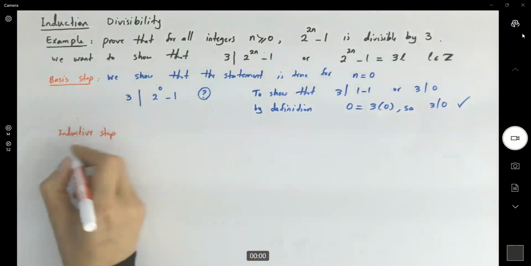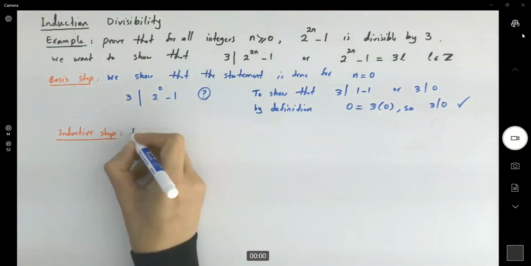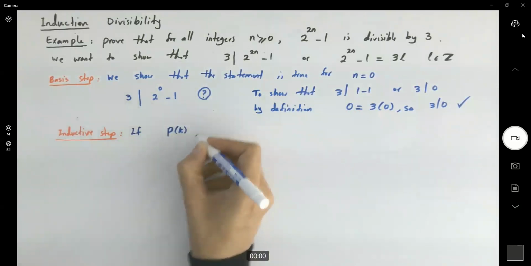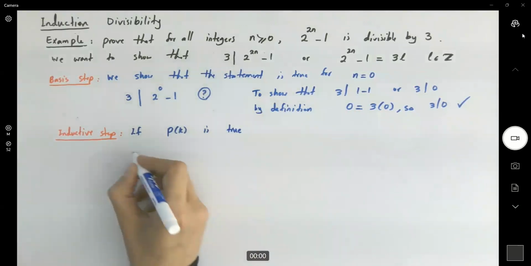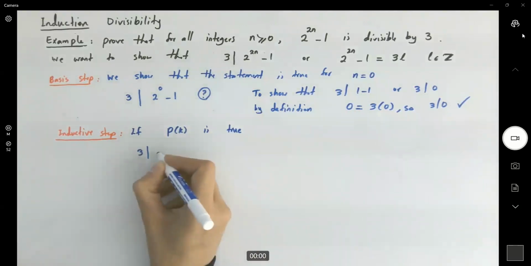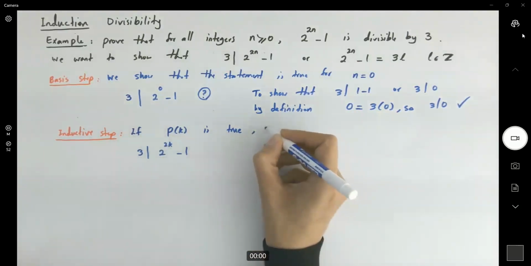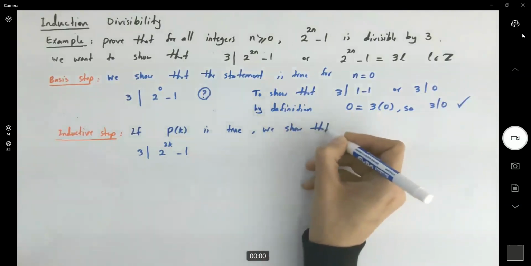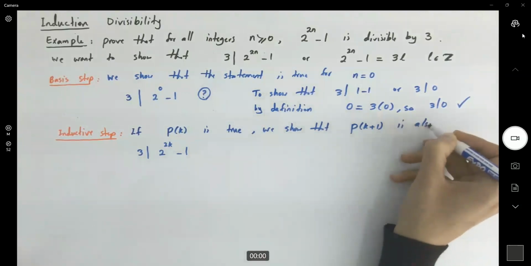Let us move to inductive step. We're going to get a little bit creative. In the inductive step, we're going to show that if P of k is true, it means that if 3 divides 2 to power 2k minus 1, we show that P of k plus 1 is also true.